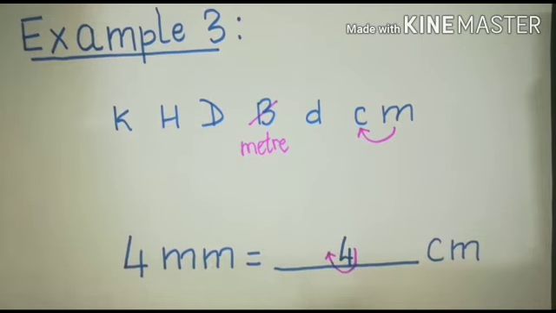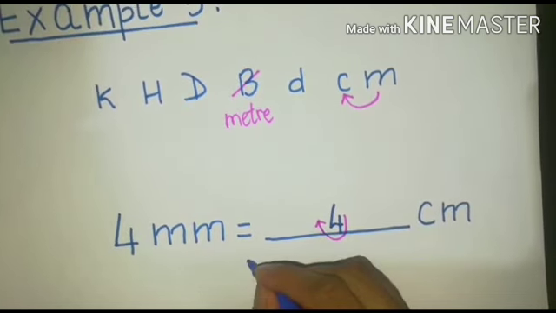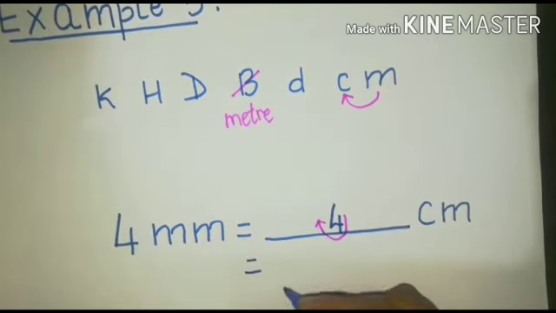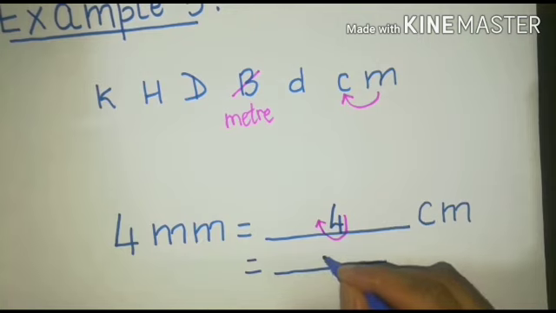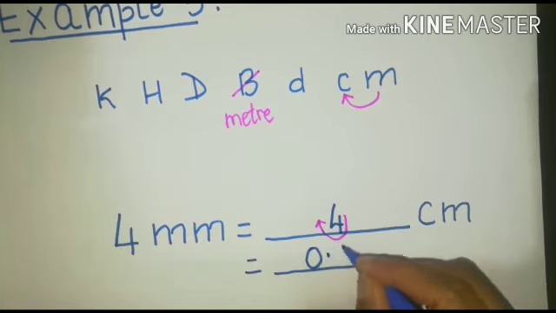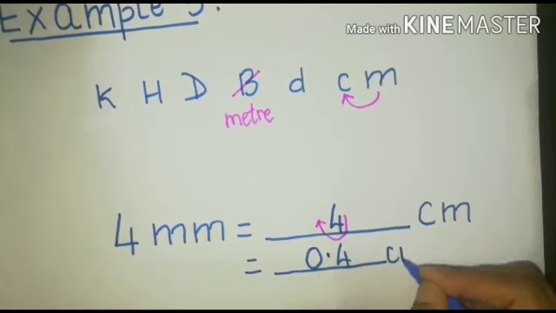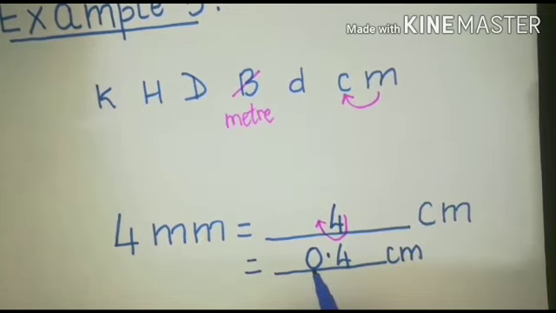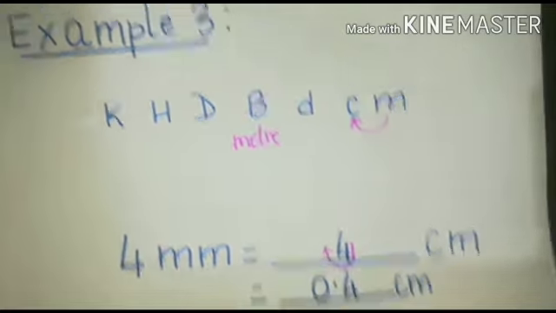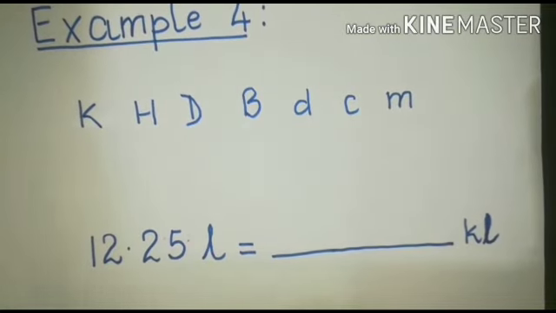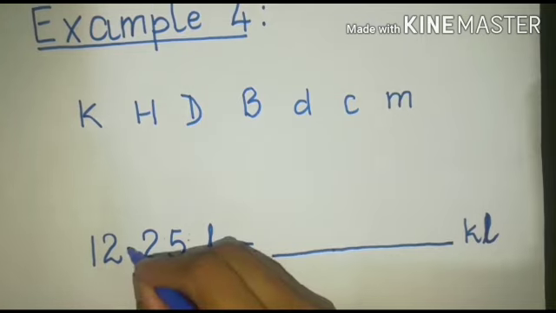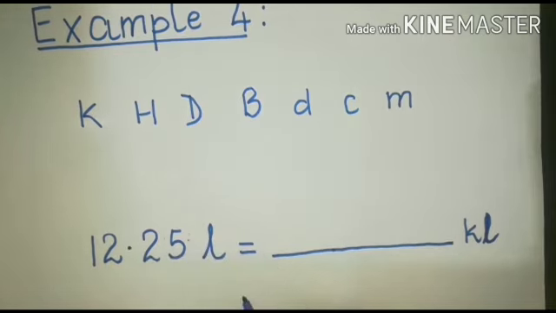So, my answer is 4 millimeter is equal to 0.4 centimeter. Remember to write the 0 in front of the decimal place when there is no number before it. Let's look at example 4. 12.25 liter is equal to dash kiloliter.